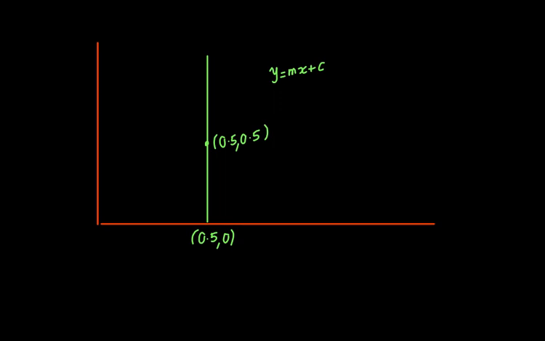When you try to substitute the values, at y is equal to 0, the value is 0 equals m into 0.5 plus c. This can be our first equation. The second equation, when you substitute the second point, is 0.5 is equal to m into 0.5 plus c.